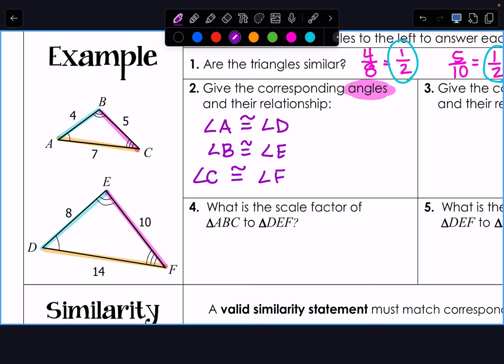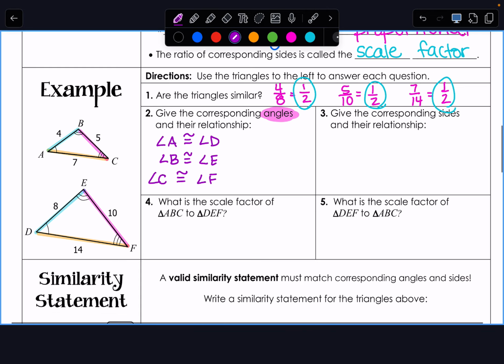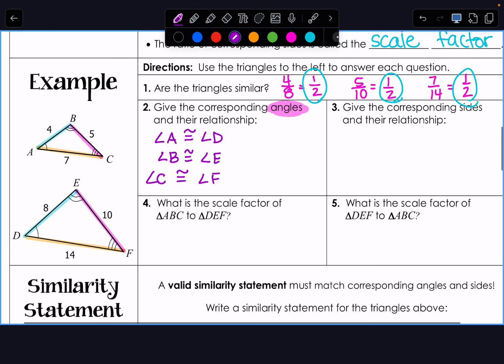Now, for the past 10 minutes, we've been making fractions, right? We were making fractions. Now, without numbers, Mason, we're going to make some fractions with our corresponding sides. So this is what it's going to look like, and then we'll use numbers, okay?